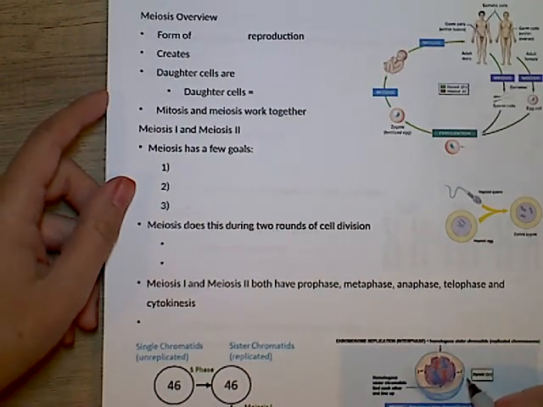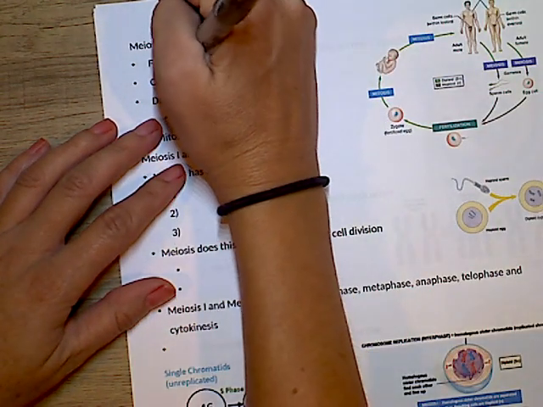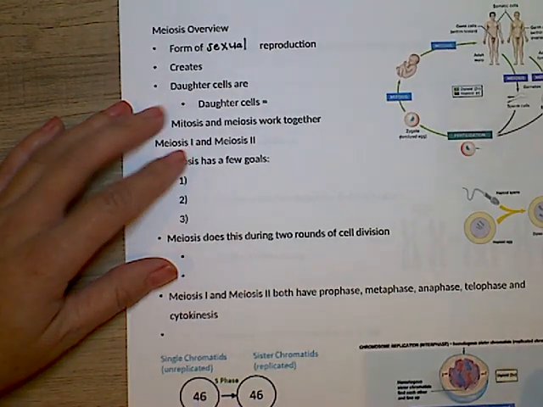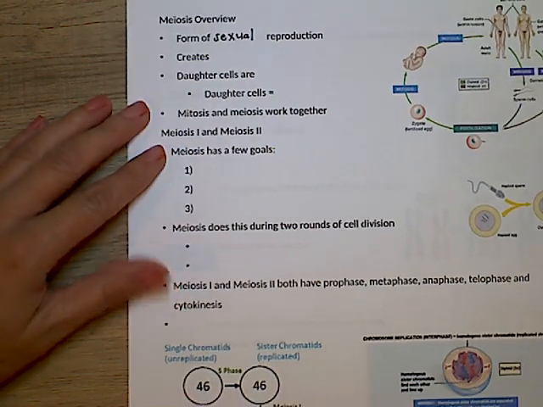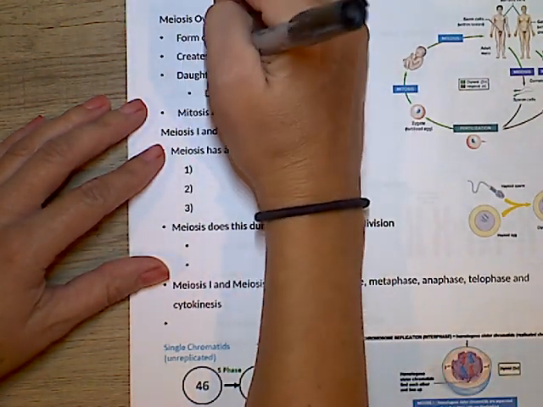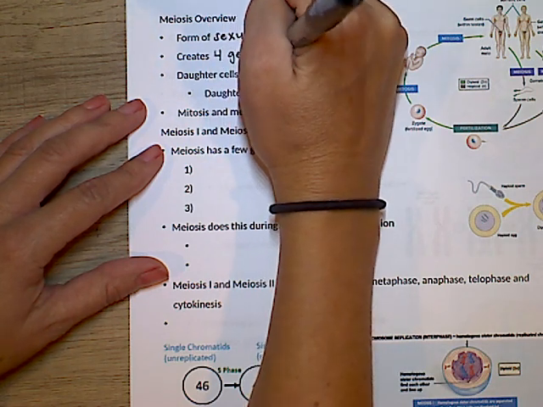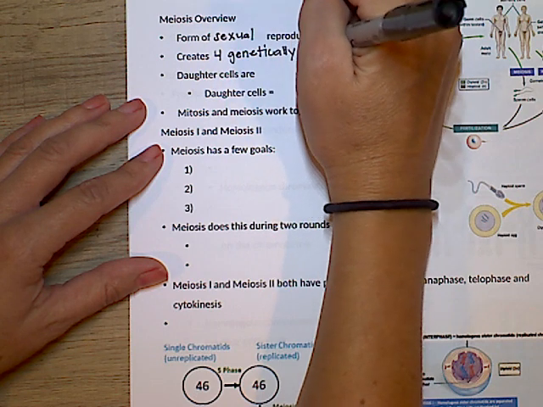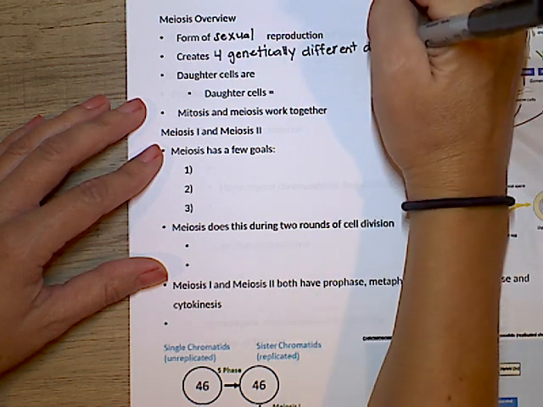Okay, so a quick overview of meiosis is it's a form of sexual reproduction rather than asexual. And it's going to create 4 instead of 2 genetically different or unique daughter cells.